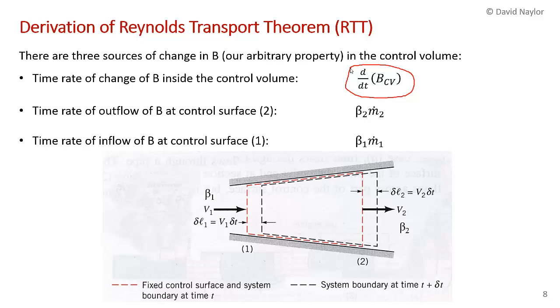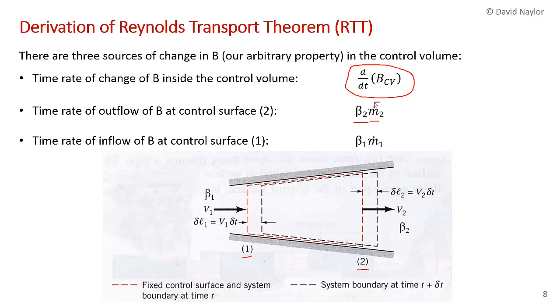So the pipe may exert a force on the fluid and accelerate the fluid. So the actual fluid inside the control volume is changing momentum. And then there's in and out flows. And remember, we have inflow at cross-section 1 and outflow at cross-section 2. Beta is the property per unit mass. We multiply it by m dot, which is mass per unit time.